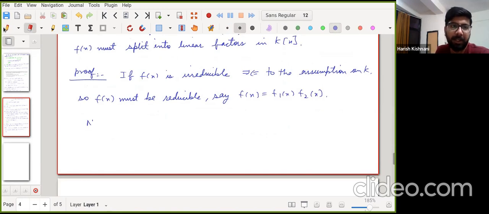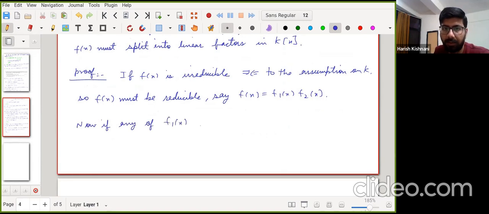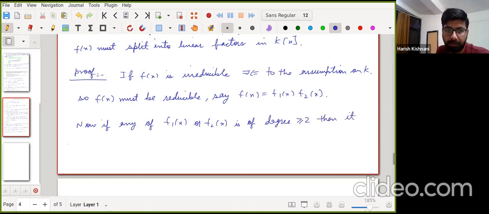Each of them must be either linear factors or reducible. Now, if any of f1(x) or f2(x) is of degree greater than or equal to 2, then it must be reducible, right?